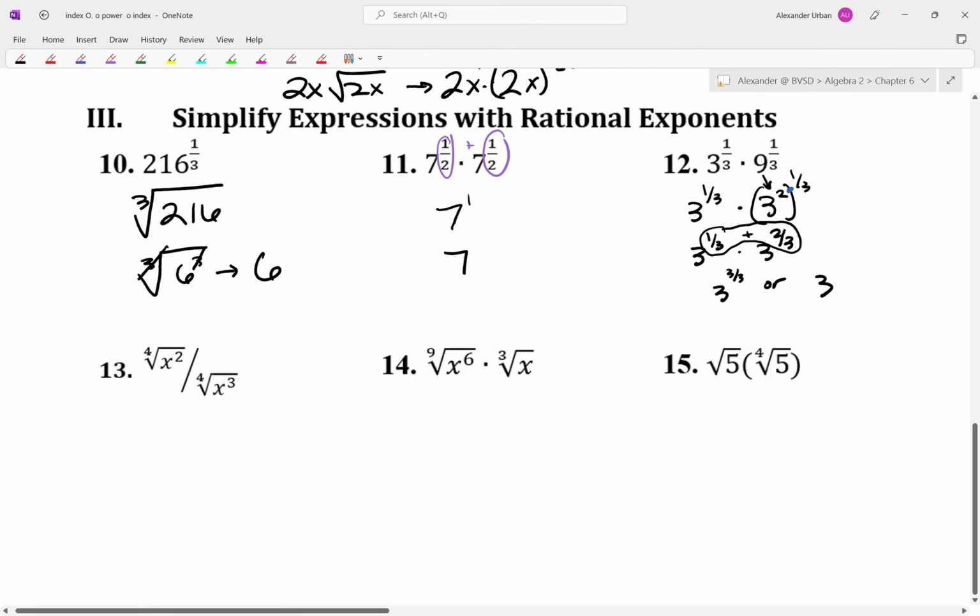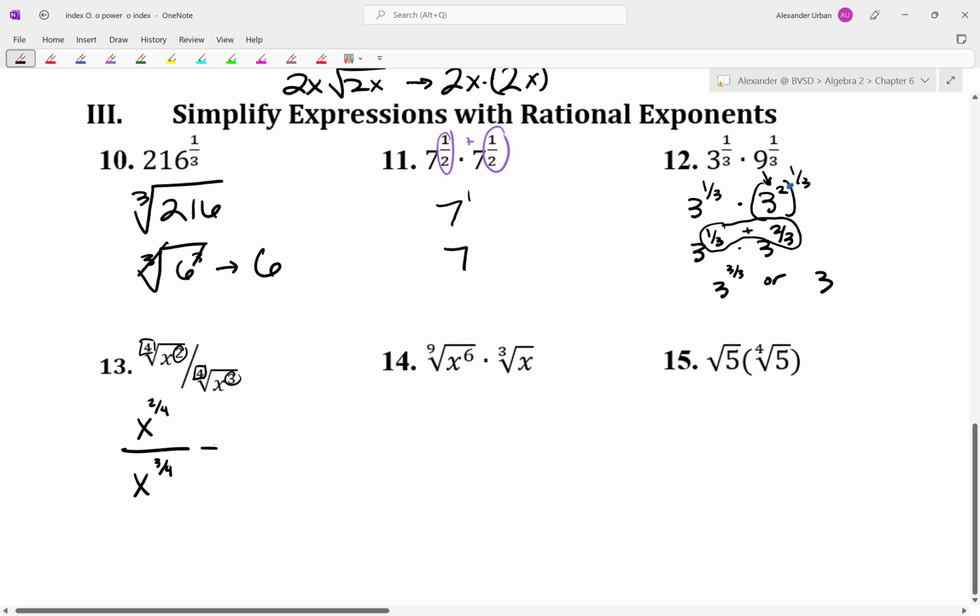Alrighty, we're going to have to reduce a little bit on our next one, but we're going to rewrite the top, or the numerator, as x to the power of 2/4, because the power is 2 and the index was 4, over x to the power of 3/4. Again, the power is 3 and the index was 4. And since we have another law of exponents, we are going to have to subtract the powers due to the bases dividing each other.